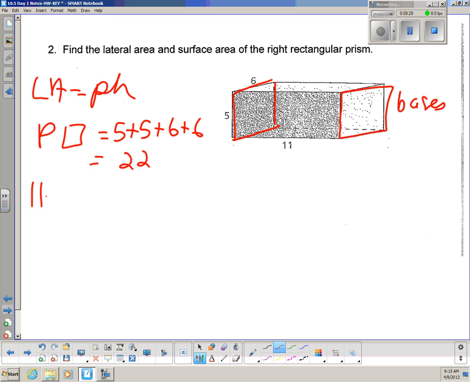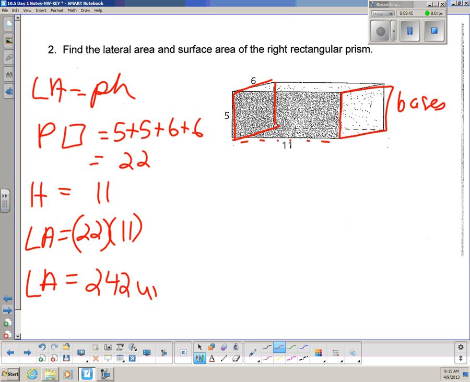The height of the solid, which is going to be this guy right here, is 11. Then if you're dealing with lateral area, 22, by the way, you've got calculators for sure for all of this, 22 times 11, your lateral area comes out to be 242 units squared.